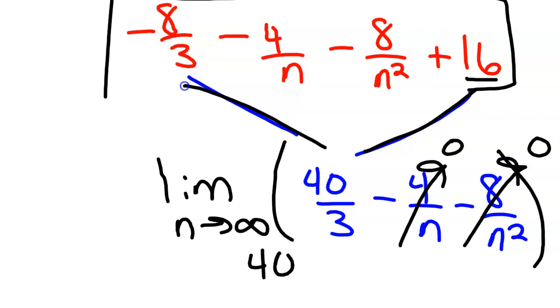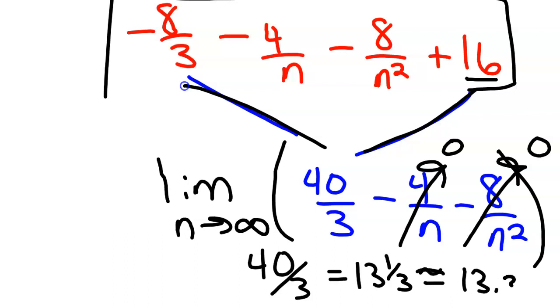And so we're left with the 40/3, which again is 13 1/3, which is 13.3 repeating. And so we've proven from both the left limit and the right limit that it works.